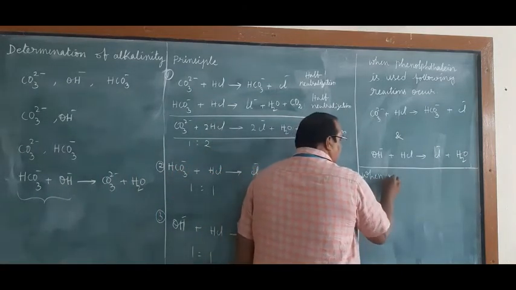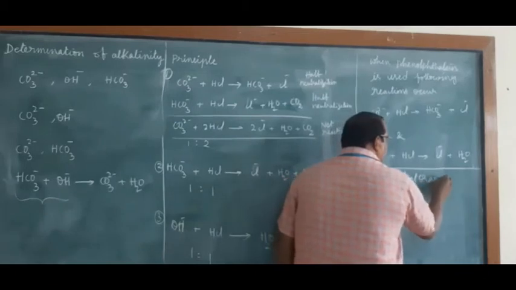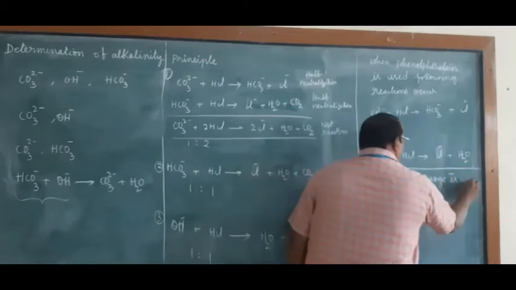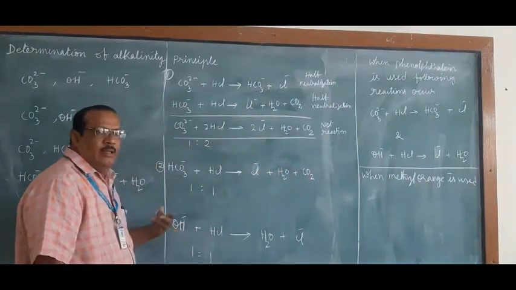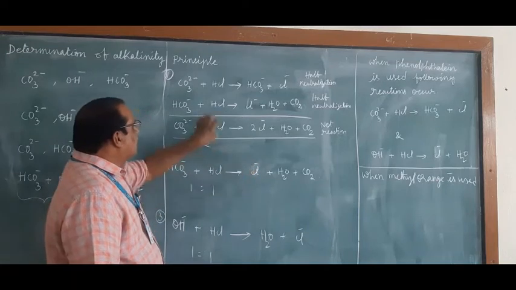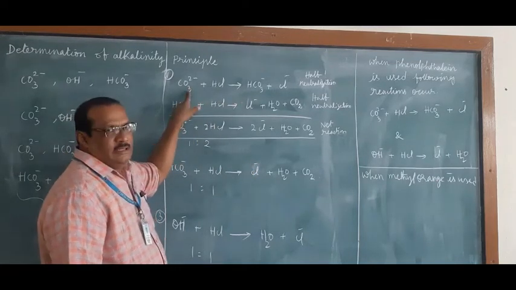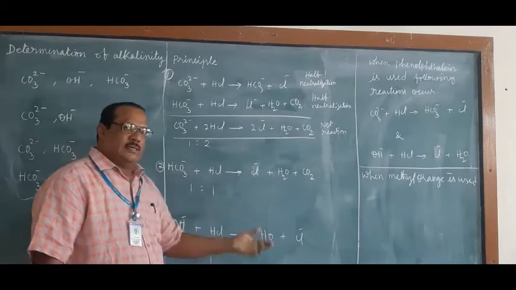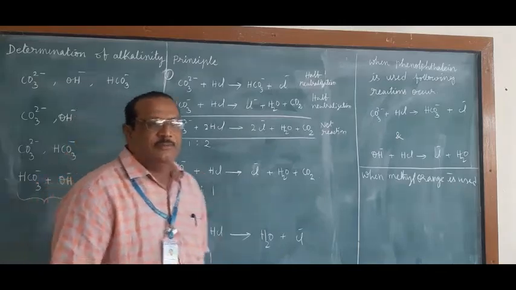When methyl orange is used, all the reactions 1, 2, 3, total reactions occur. Actually, this is the second step. This is the bicarbonate which is formed from carbonate. But bicarbonate, if there in the water sample, that also undergoes neutralization.